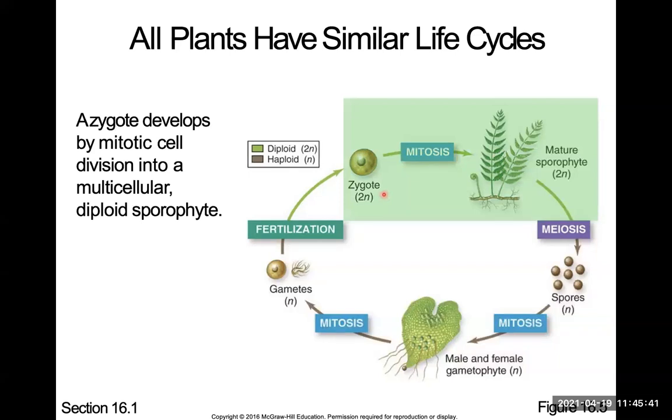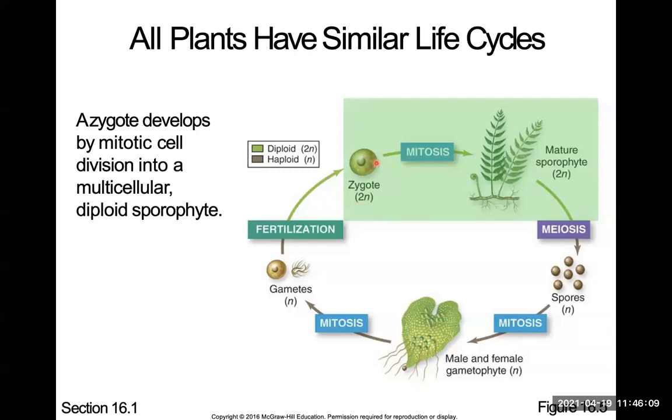So let's go over this. You have a zygote. If you remember mitosis and meiosis, it says mitosis here, meiosis here. Now I don't have to go back and explain what mitosis or meiosis is because you already know, we already went over this chapter. So a zygote is when there's a fertilization of a sperm and egg, and it makes a zygote that combines the chromosome number, that's 2N, diploid.